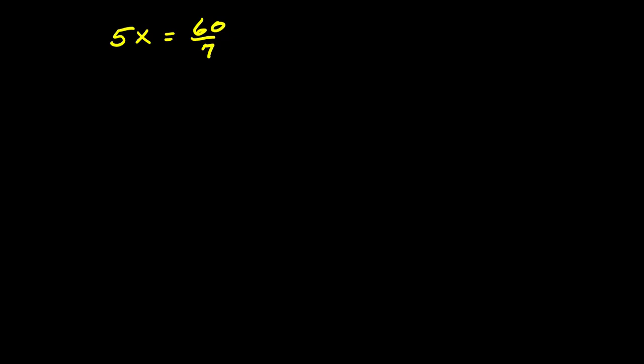Whenever we're trying to solve this multiplication problem like this, we're going to divide or we're going to multiply by the reciprocal of 5. And since I've got these fractions, I'm going to go ahead and make both sides of the equation into rational numbers, ratios like this, keeps me honest. Now 5 divided by 1, to turn that 5 into a 1, which is what we want, going to multiply by 1/5, and then we have to multiply the other side of the equation by 1/5 to keep this equality true.